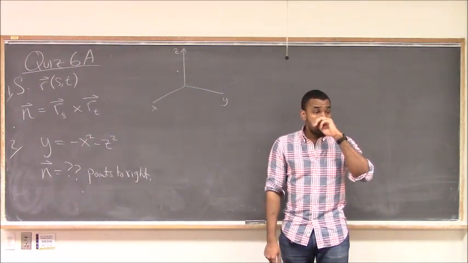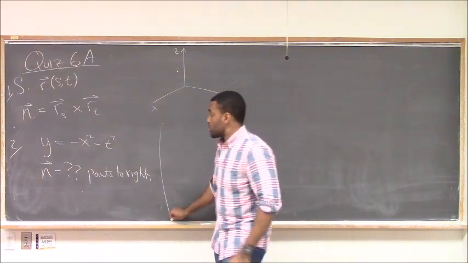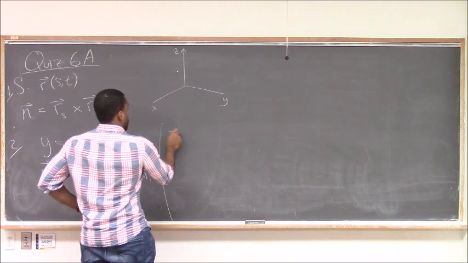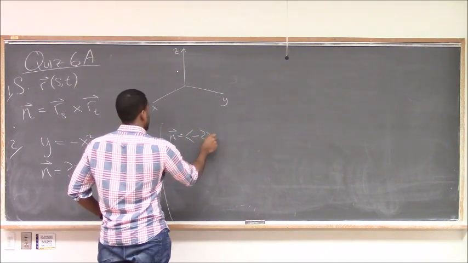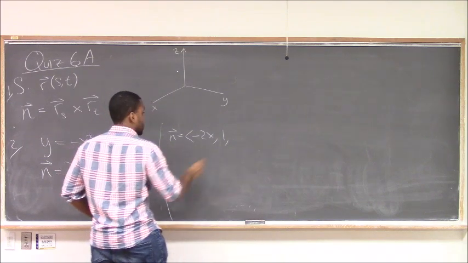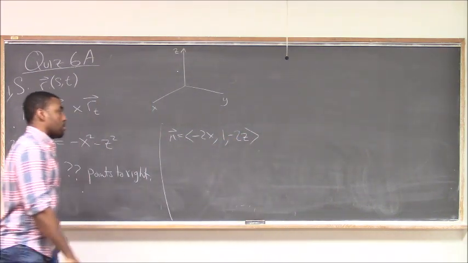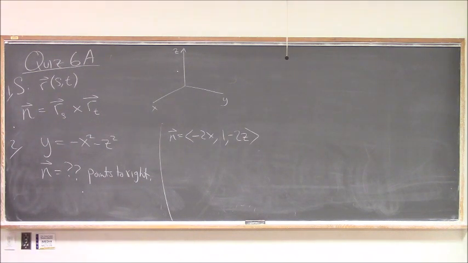So the normal vector has been negative 2x, 1, negative 2z. And it would be minus 2x, and 1, and negative 2z. Positive, right? How did you get that? What's the name of the formula?